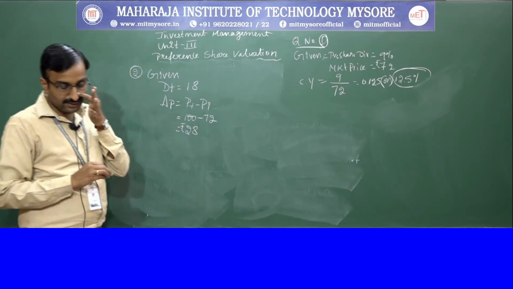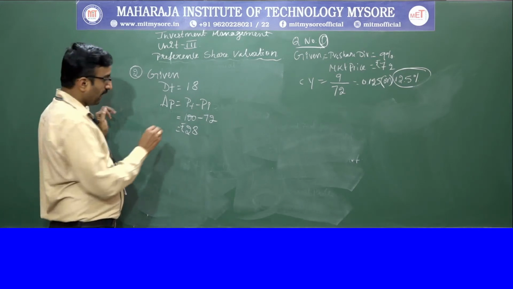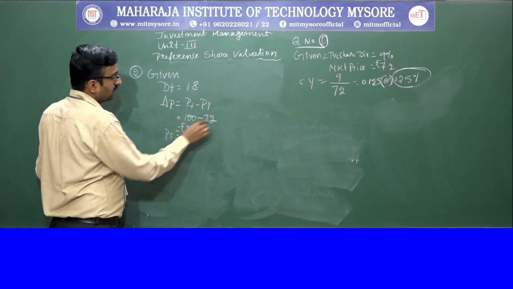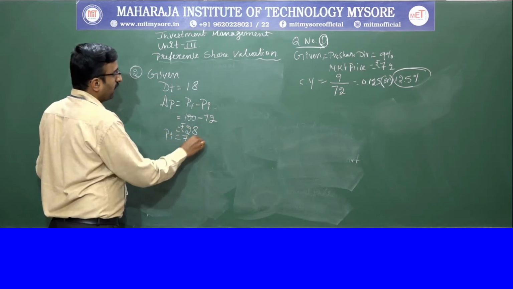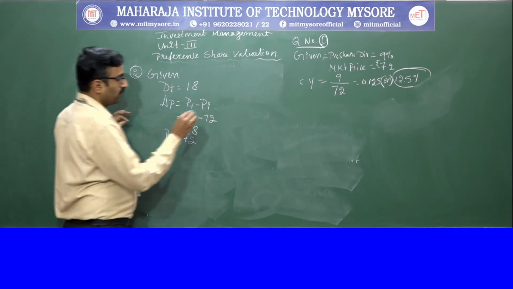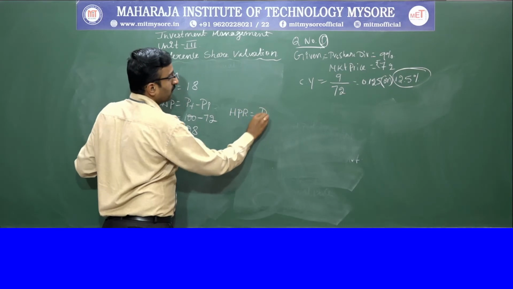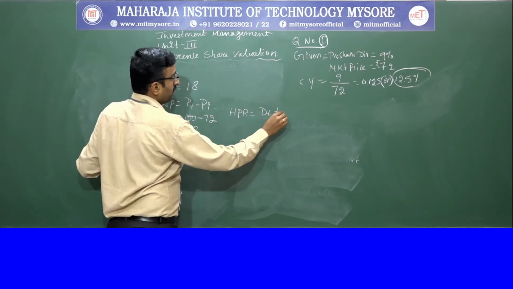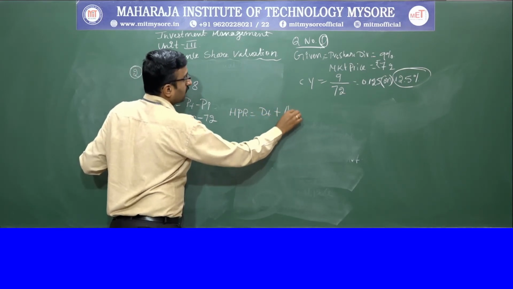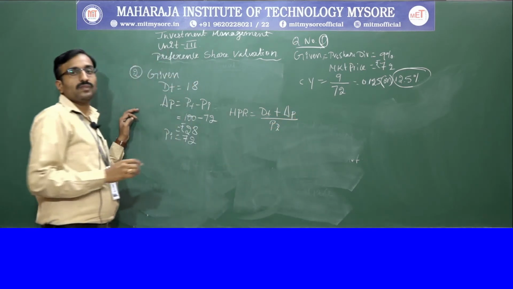So, next what data have they given? They have also given the Pi. The Pi is already considered, that is 72. So, apply the second formula, that is holding period return. Holding period return is equal to Dt plus delta P divided by Pi, isn't it?